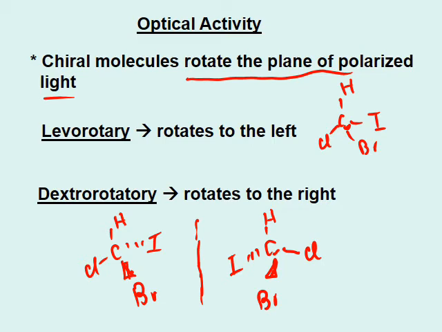One of these isomers, let's call it 1, is going to rotate plane of light to the right hand side, which we call dextro-rotatory, and the other one is going to rotate it to the left by the same amount when they're mirror images of each other. So if it rotates to the left, it's called levorotatory. If it rotates plane of light to the right, it's called dextro-rotatory. So this is the major difference between non-superimposable mirror images.